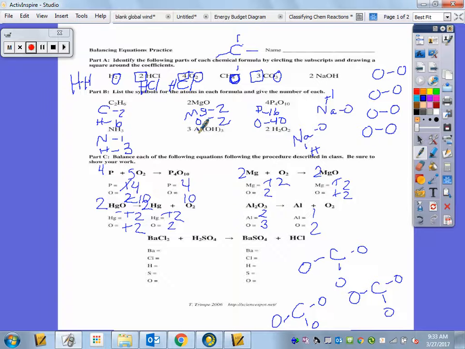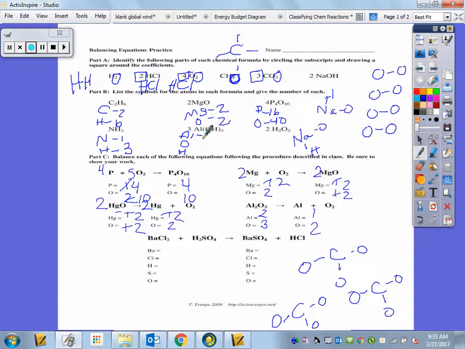We have 3 Al(OH)3. So that means we have an Al, we have an O, and we have an H. Okay? It's showing us that we have 3 OHs, so that means we have at least 3 oxygens and 3 hydrogens, but we have 3 Al(OH)3s.